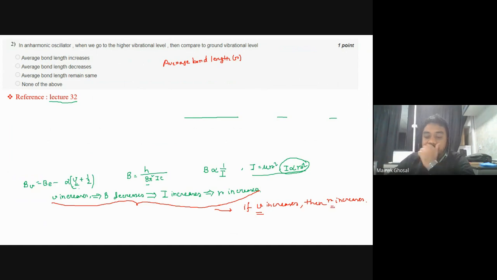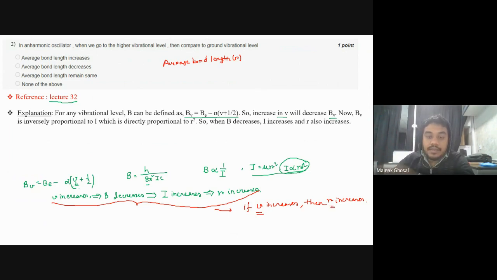You find your answer: if your V increases, your r will increase. What is r? r is your average bond length. So if your V increases, then r will increase and average bond length will increase. So the final answer is average bond length will increase.